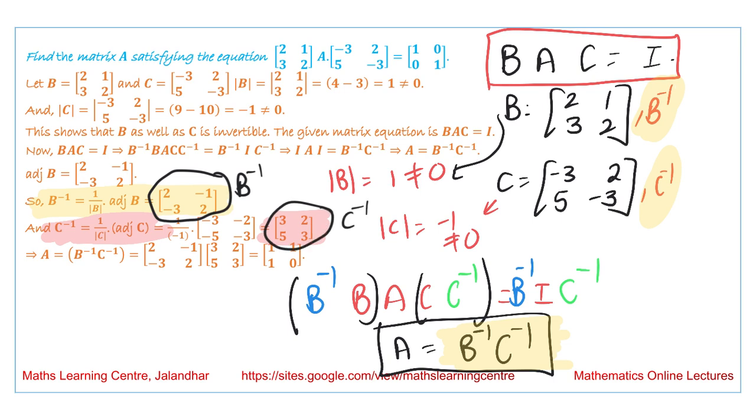We multiply both these values and we obtain the final answer in this form, that A is equal to B inverse into C inverse. So this is our final answer.